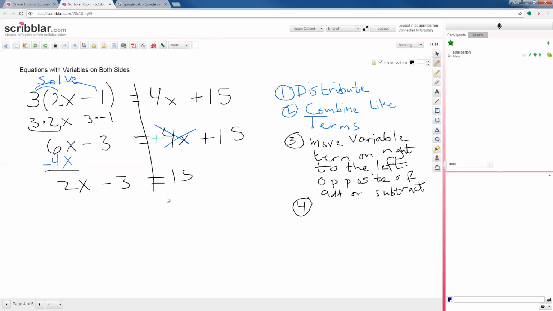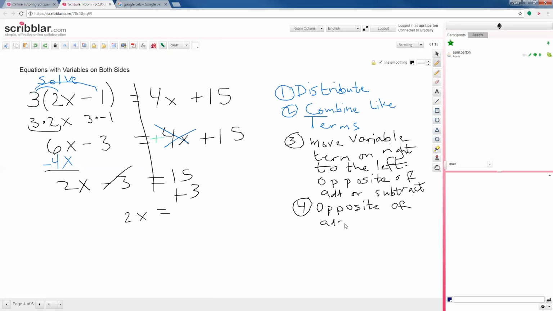So what opposite should we do next? We're trying, good, add. We're trying to move this negative 3 now to the other side. So we're going to add 3. When you move it over, cancel out the one you did the opposite of.